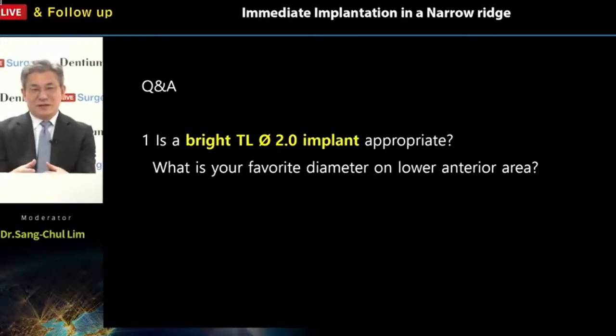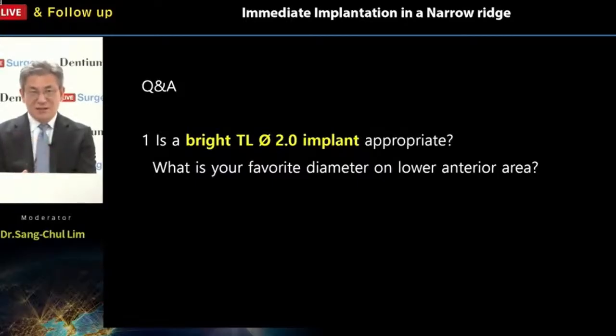If you want a bone level implant fixture, the smallest diameter is 3.0. In Dentium, 3.0 is the diameter of the Anyline system. Another system has 3.5. Another company also supplies 3.2, 3.3, around the 3.0 diameter.